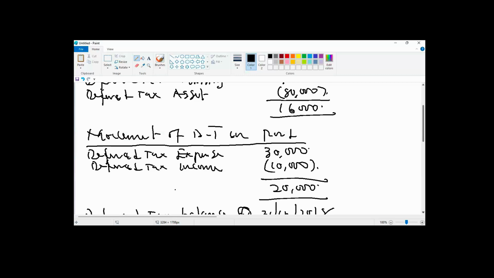The one they are asking for is this calculation, the one that will go to the POA. What goes to the POA is either expenses or income. What goes to the statement of financial position is a deferred tax asset or liability.